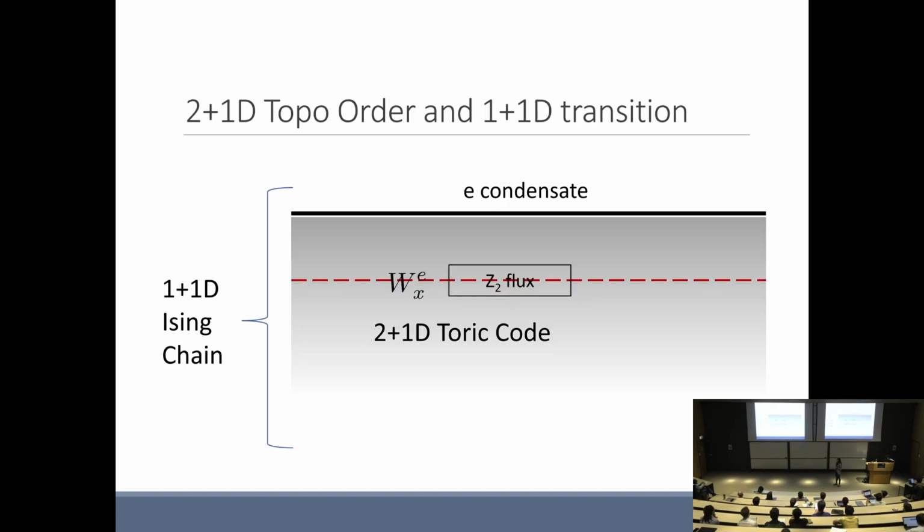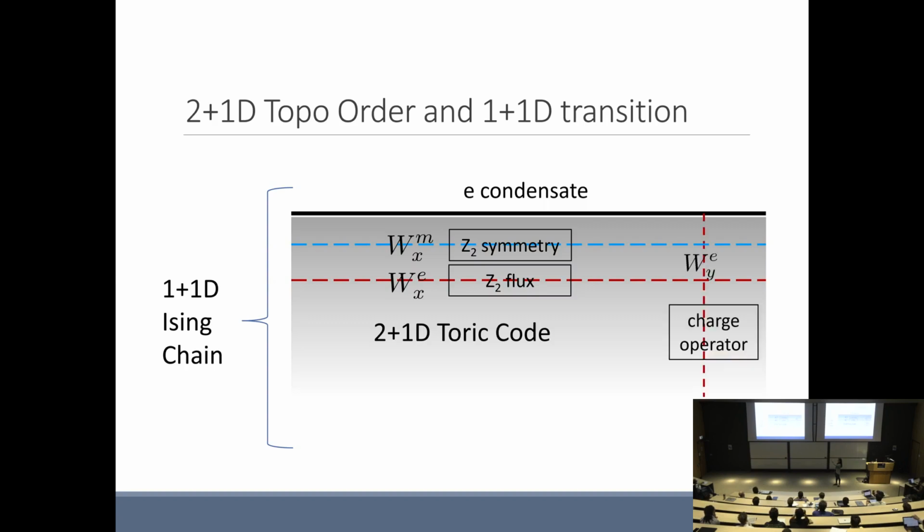And the symmetry determining operators are the large horizontal string operators in the bulk. For example, the string operator of the E charge running horizontally measures the flux sector of the system, while the M string operator running horizontally measures the Z2 symmetry, the global Z2 symmetry.